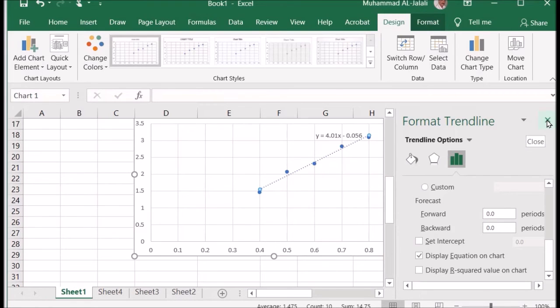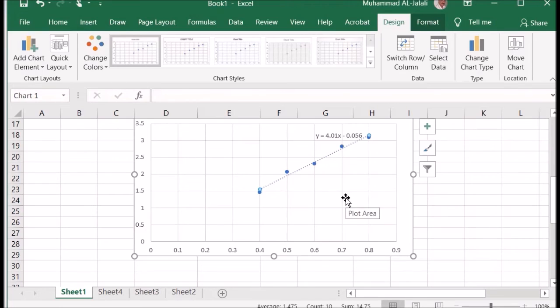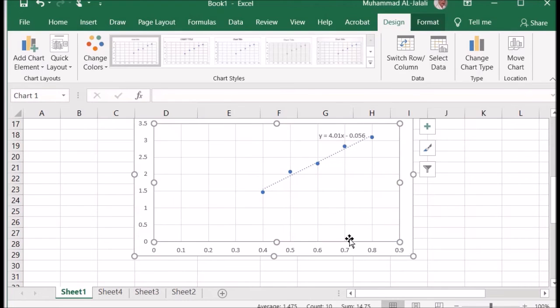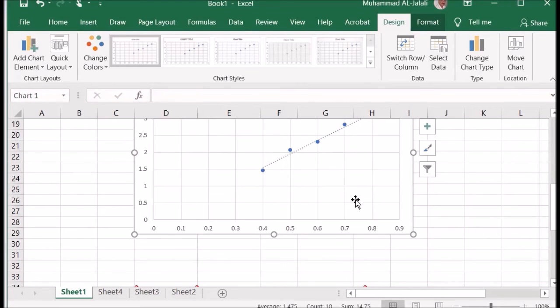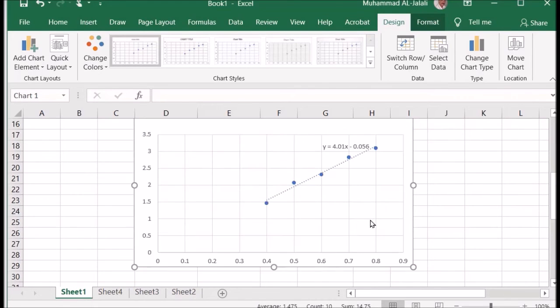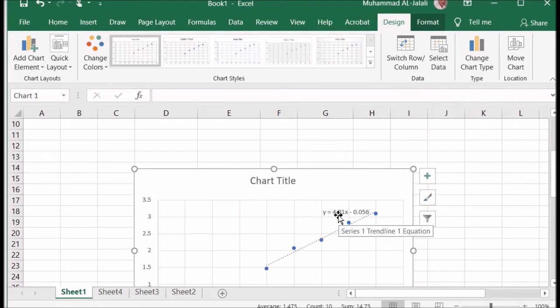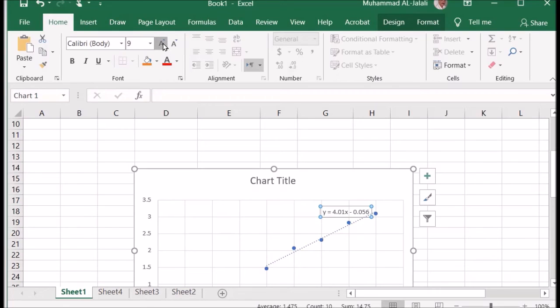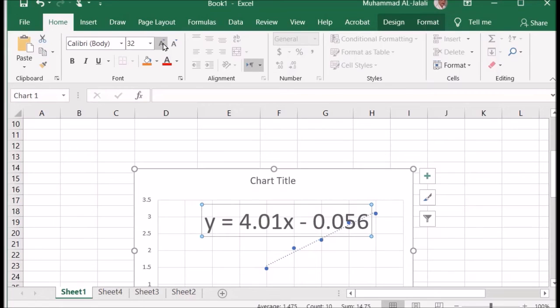Close this list and go to see the equation. Magnify it.